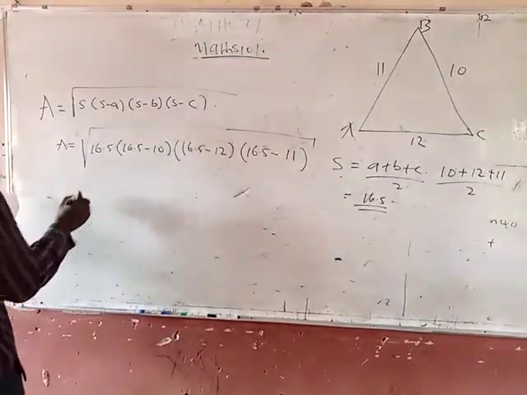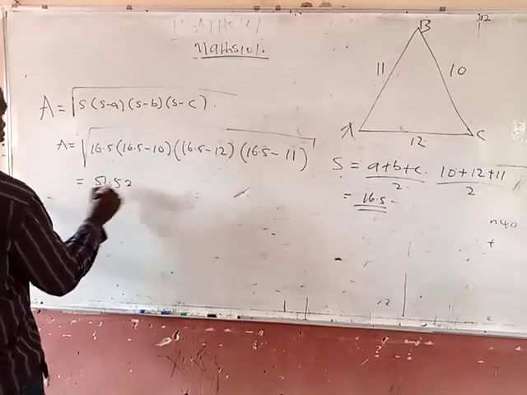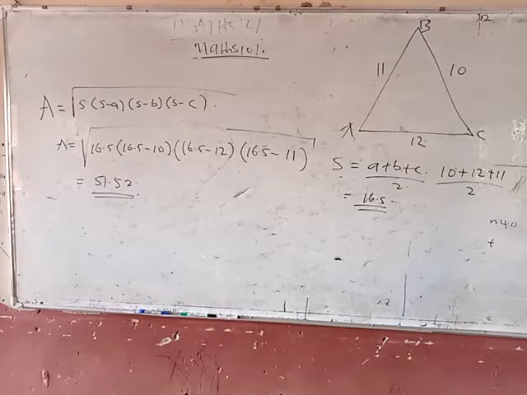Punch all this in your calculator, and the area should give you 51.52. I think the best way is just to punch your calculator and you get that answer. So that should be it.